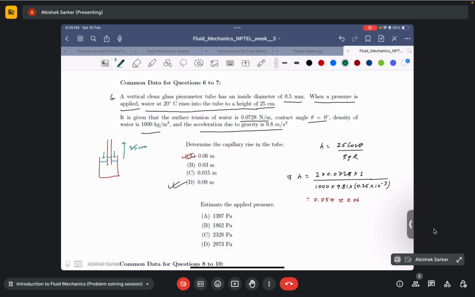But this rise is actually the rise because of the application of pressure, the applied pressure, plus the capillary action. Is it clear?